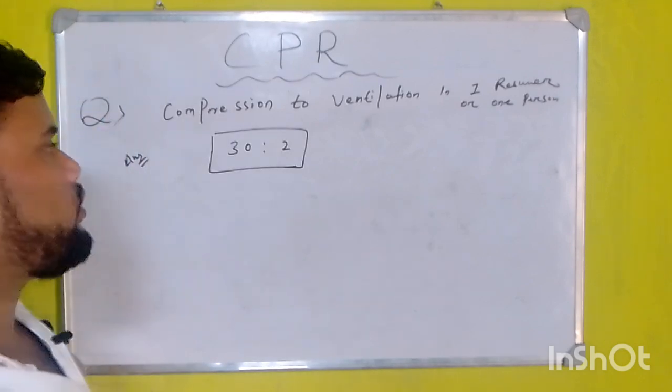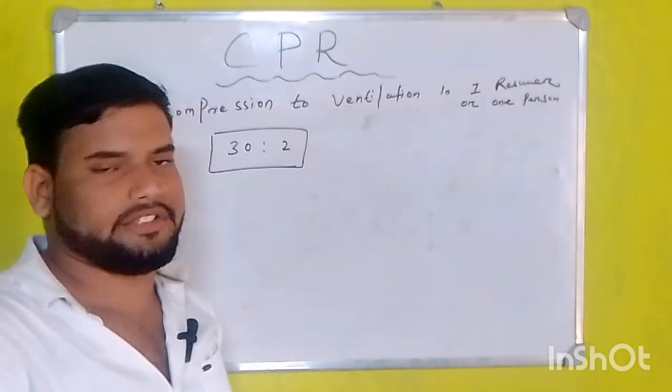That is 30:2 in case of one rescuer or one person.